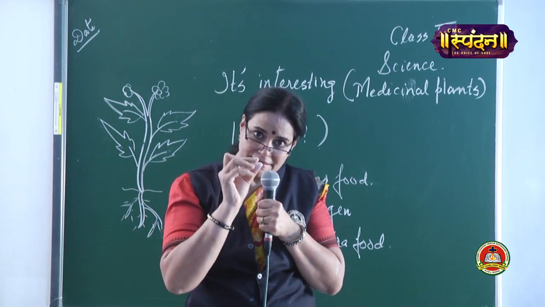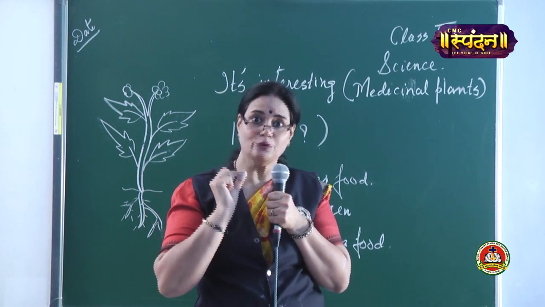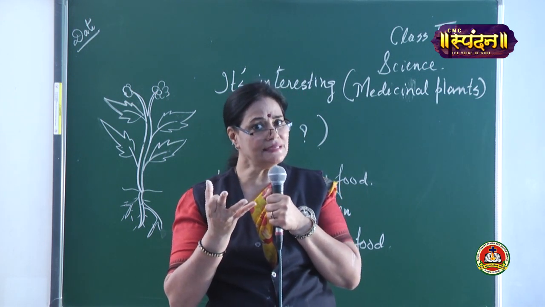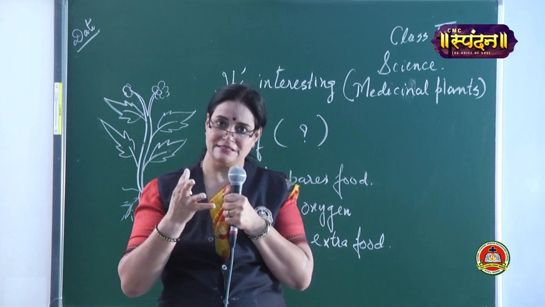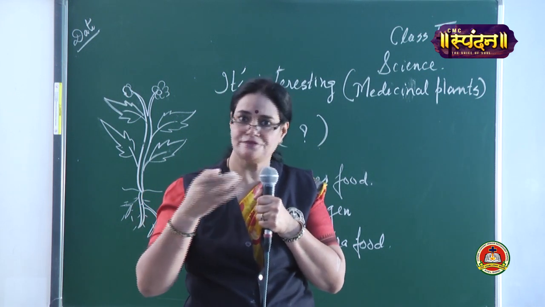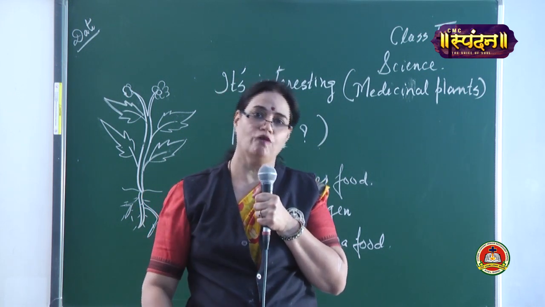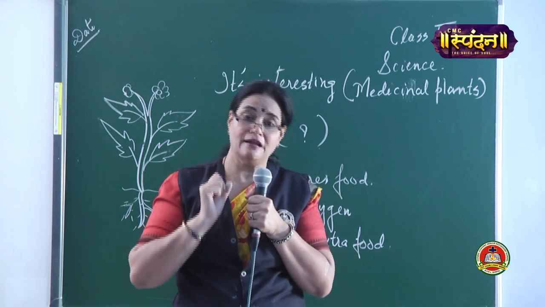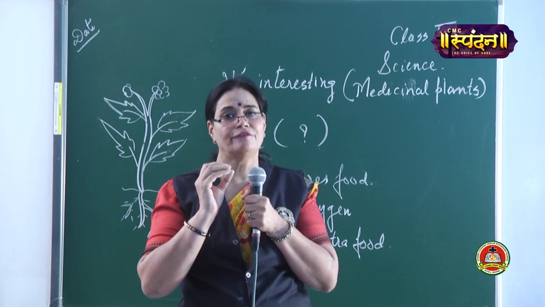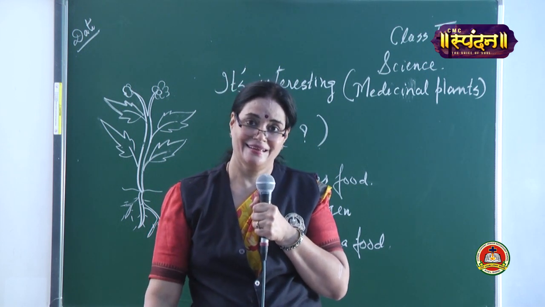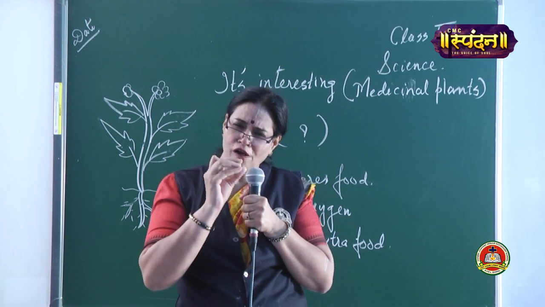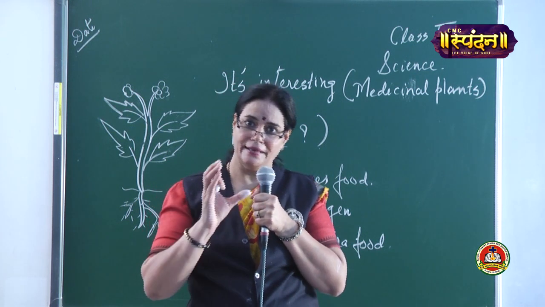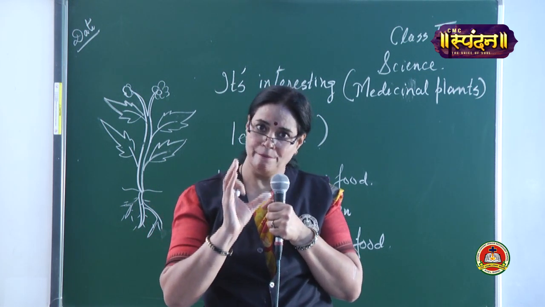No. First there is a small bud. Then this bud blooms into a flower, isn't it? And after some time, the petals of these flowers dry and fall off. And inside the flower, one small fruit will be seen. Understood? That small fruit will grow in size, and a day will come when it will become big.